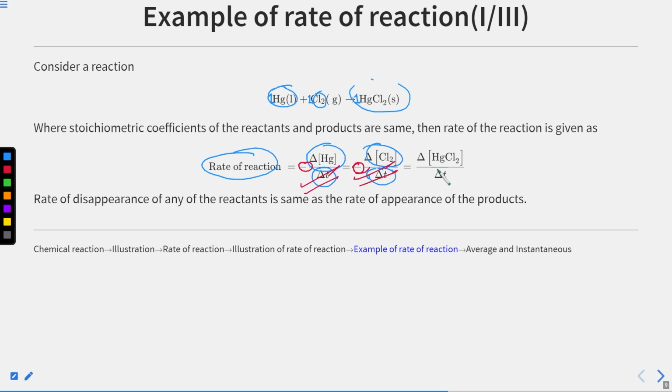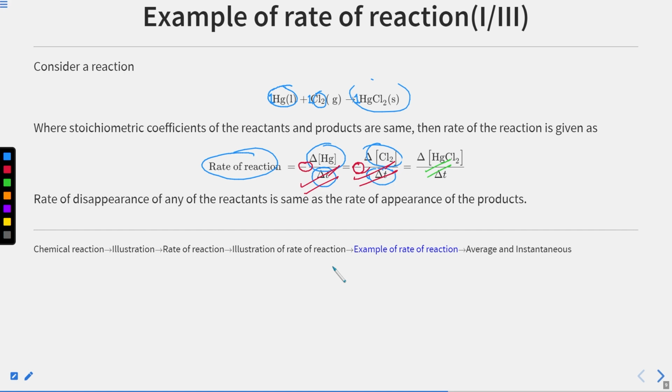For product, we have change in concentration of product with respect to time, and we do not have any negative sign in front of this fraction. Why? Because product concentration is increasing, so final minus initial would give me a positive value, and time can never be negative. Hence the sign will be positive, so that the rate of reaction is maintained positive.